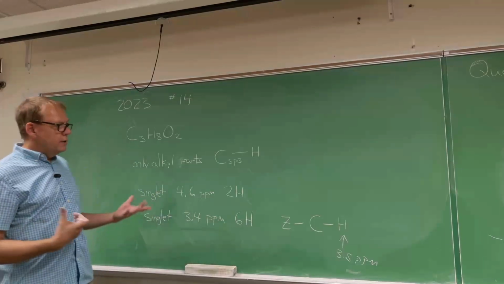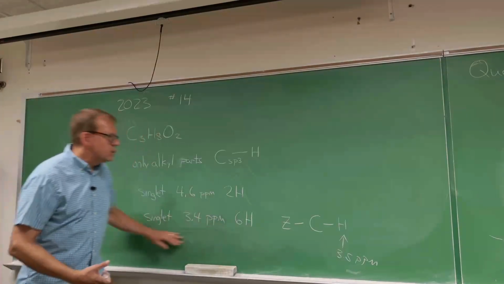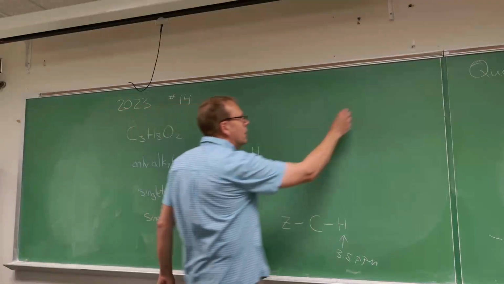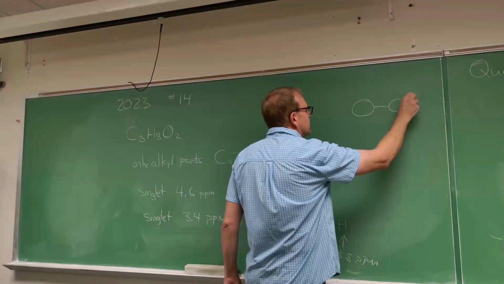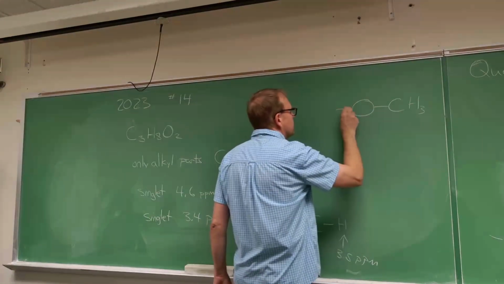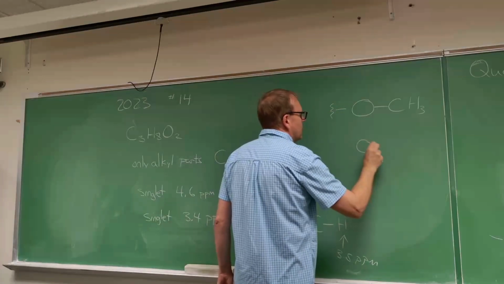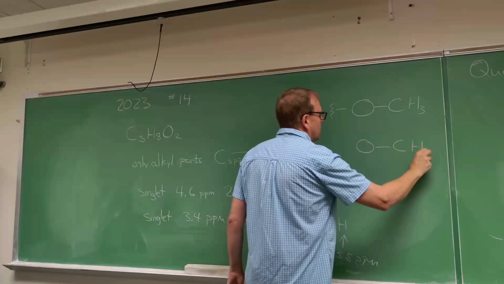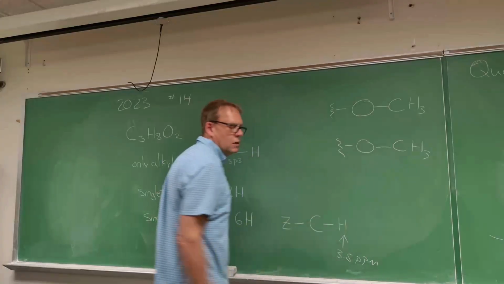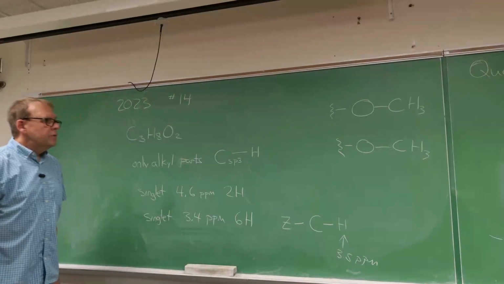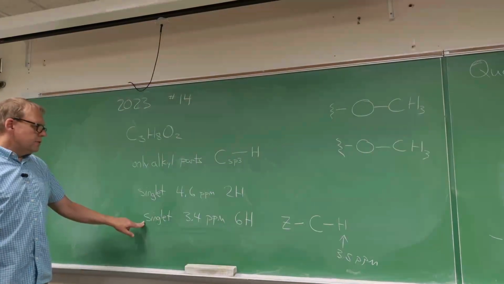Which to me suggests a couple of identical methyl groups. So what I'm thinking when I look at this information is I have a couple of pieces like this, 2 identical OCH3 groups. And that would account for a big chunk of the molecule. So that would be these right here.